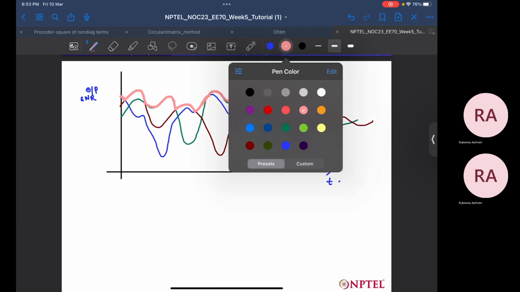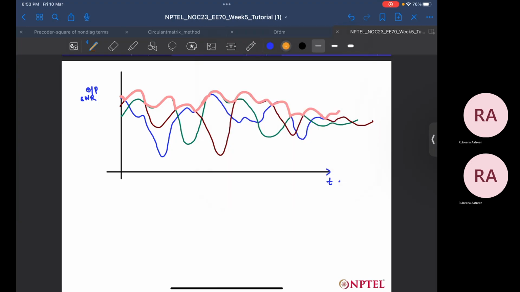Now, one advantage I'll tell you. Suppose this is the threshold. Now you see, once in some time every channel is going into deep fade, right? But when we are doing selection combining, the received SNR goes way up from the threshold.